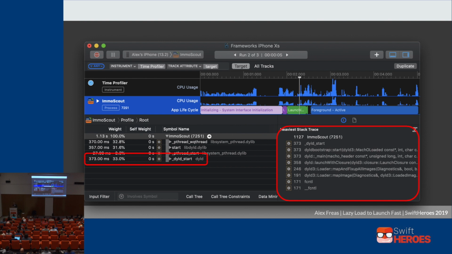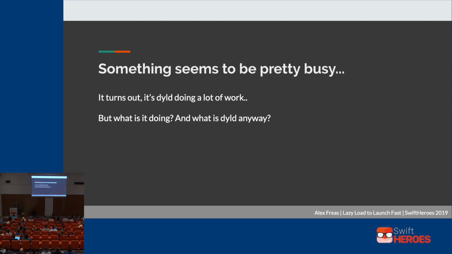In Instruments, it's really nice that for any area of the profile that you've selected, the heaviest stack trace will be displayed in the lower right-hand pane, and this one happens to be it. So it seems to be pretty busy with that. Turns out dyld is doing a lot of work, but what is it doing? And also, what is dyld anyway?